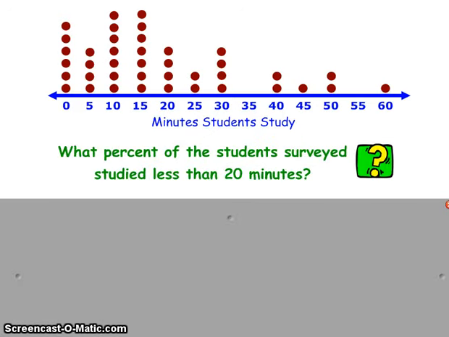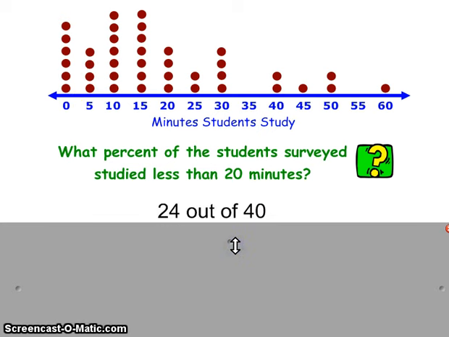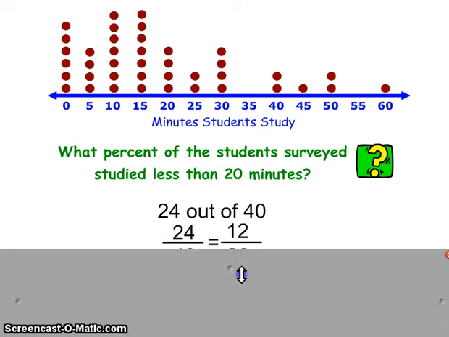What percent of students surveyed studied less than 20 minutes? So we do not want to include the students who studied for 20 minutes. We only want the ones that studied less. So you would count your dots in the 0, 5, 10, and 15 columns, which is 24. And again, we surveyed 40 students. Now we haven't answered the question of what percent.